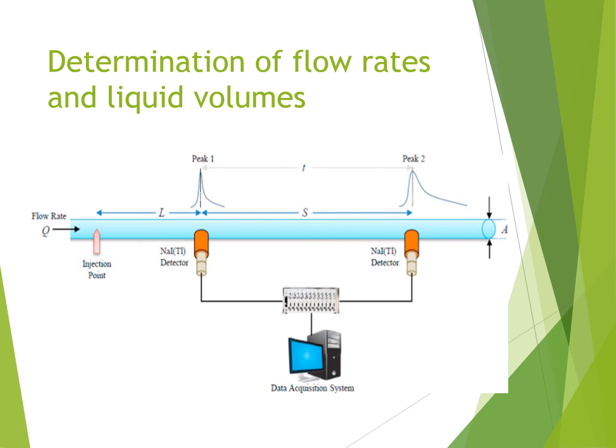Different peaks are observed on the data acquisition system, which will analyze how much is the flow rate of that particular component along with all the components flowing along with the radiotracer. So here is the illustration of how this determination is carried out by using the computer system and how the peaks are measured.